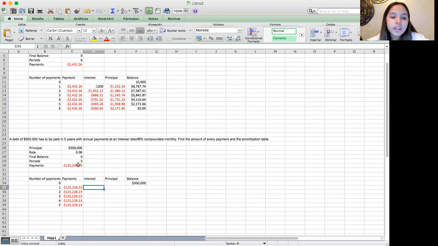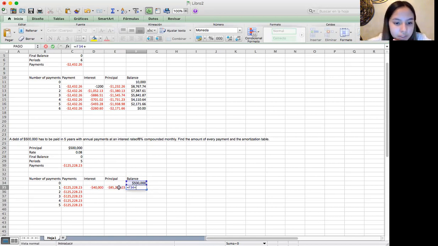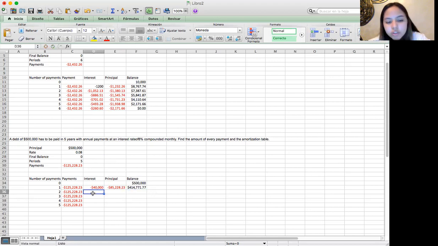Now we need to find the interest, principal, and balance of every period, and we need to use the formula: interest is minus the last balance times 0.08, that is the rate. Now, payment minus interest. And finally, the last balance plus the principal. And you will repeat it in every period.